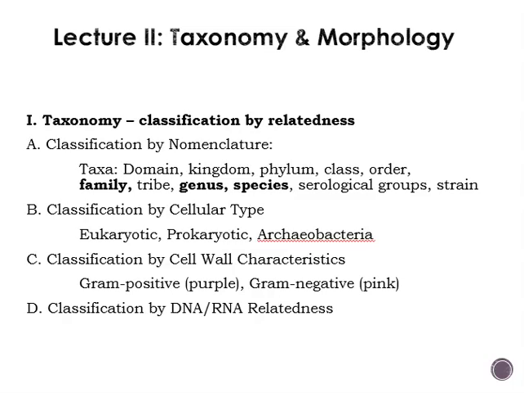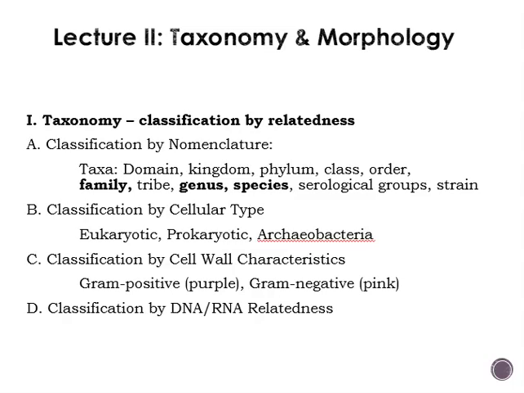Archaeobacteria are more closely related to eukaryotic cells than to prokaryotic cells. Their cell walls lack peptidoglycan, which is a major reason why they are placed in a separate domain from bacteria. But like bacteria, they can stain gram-positive and gram-negative.